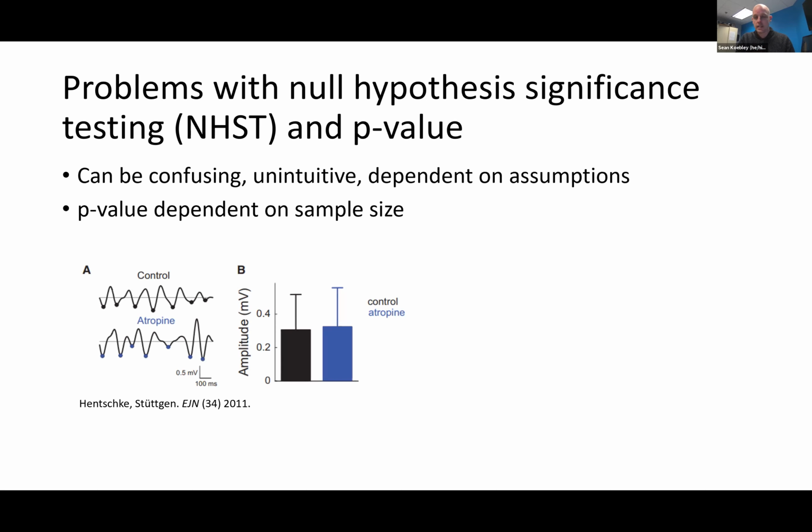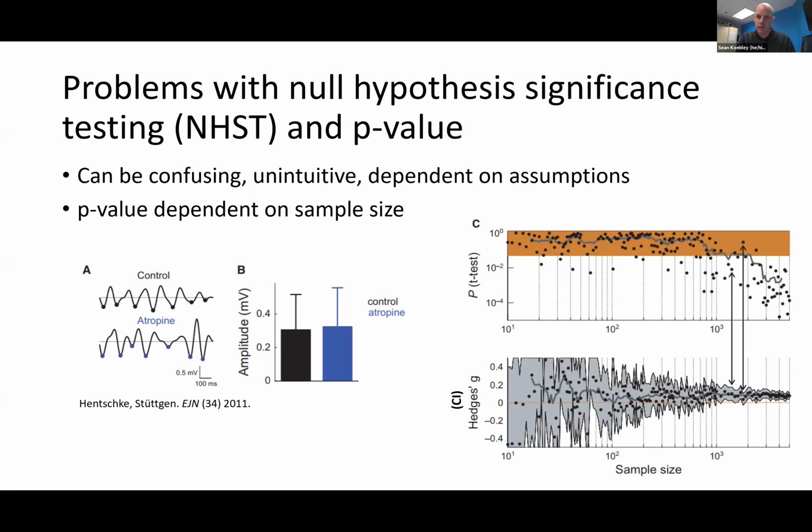If you're trying to test the effect of a drug, atropine, on a control, what we're going to see here is just mapping that effect as we take more and more samples. So if you just take 10 samples, the difference between the means looks negligible. They look very similar.